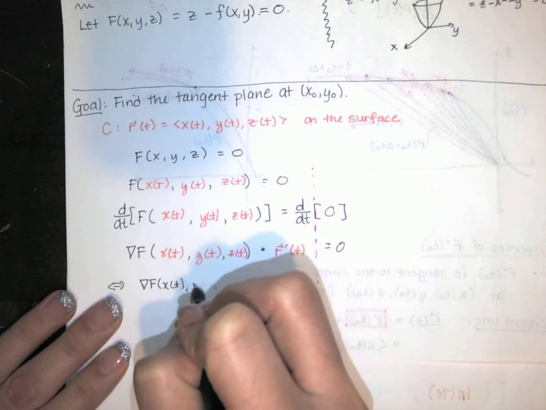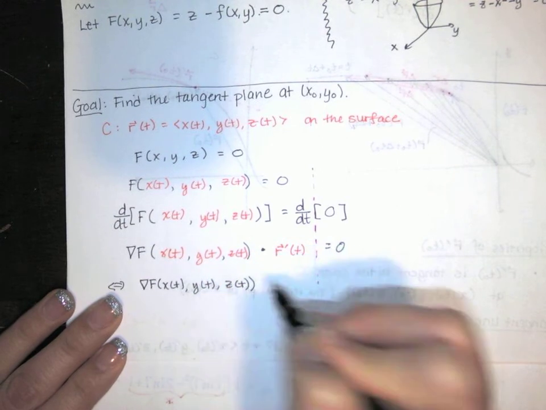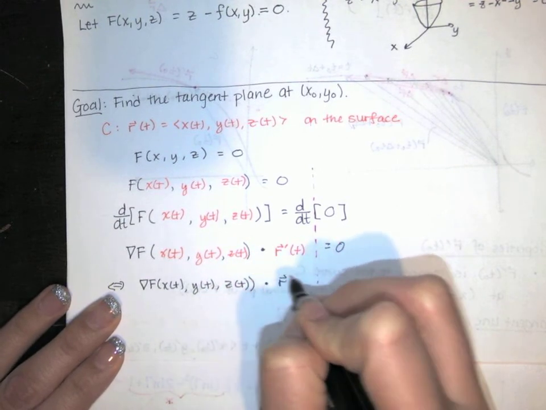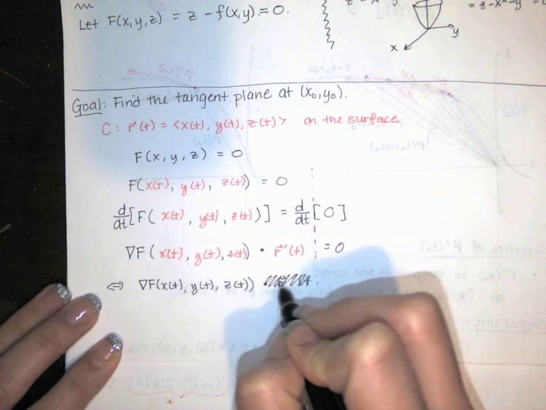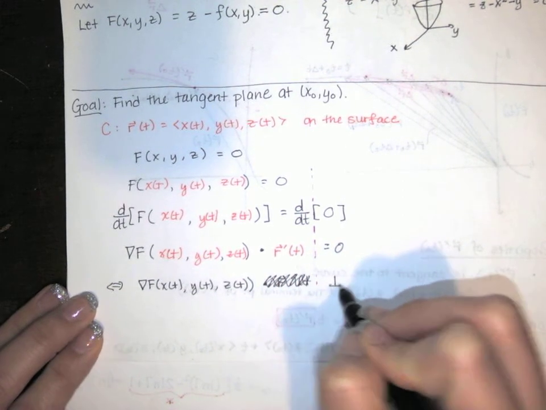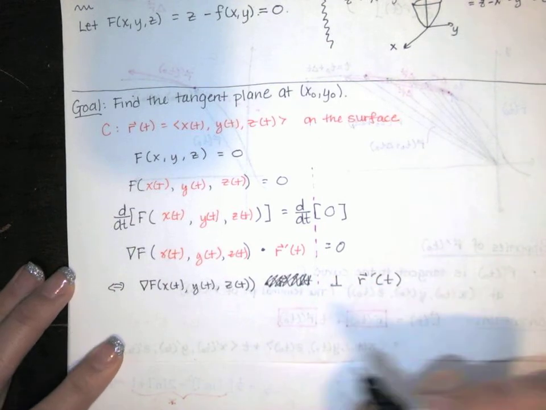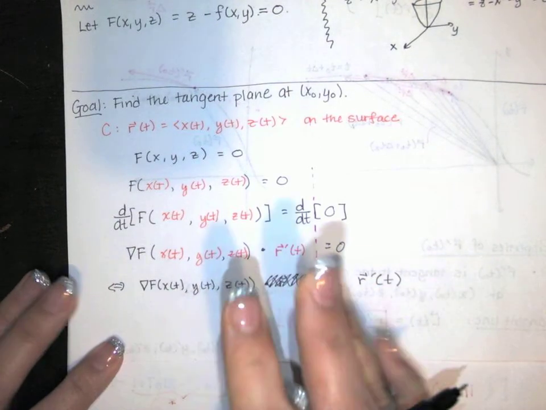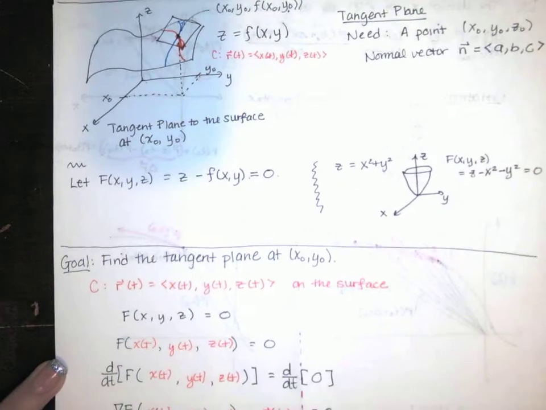At every t, the gradient is orthogonal to r prime. This is true at every t. We're particularly interested in the t value that gets us here at x naught, y naught, z naught.